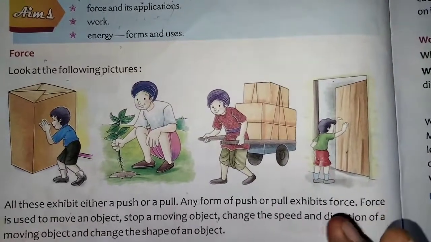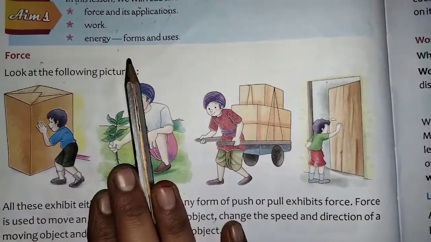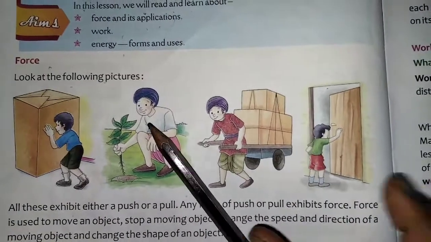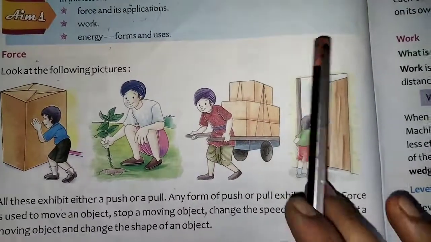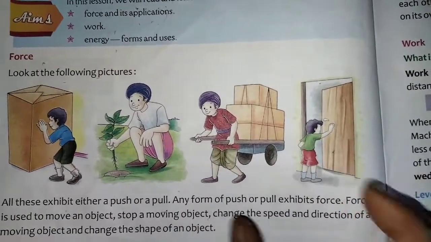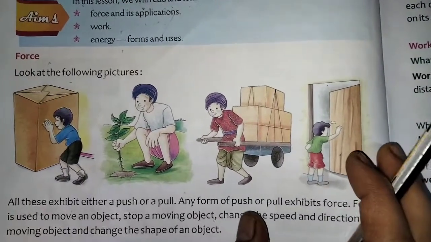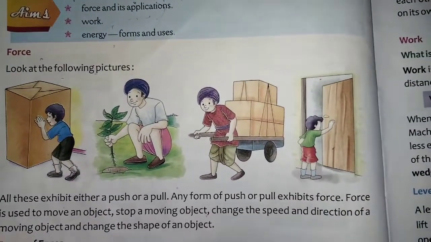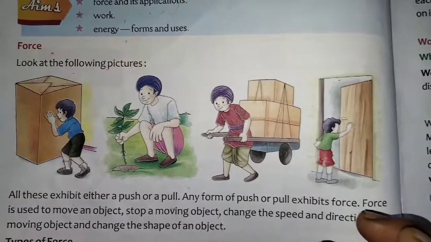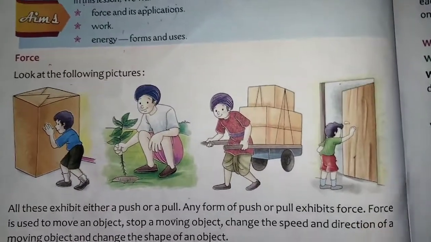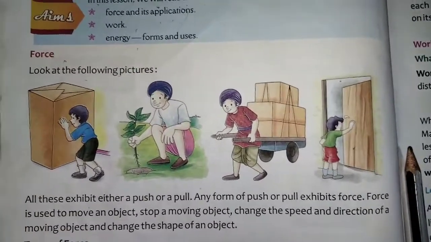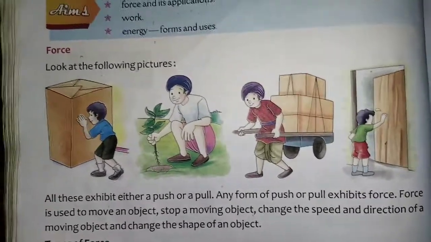To move the object from one place to another place, you need force. To stop the object, you require force. You have to catch hold of it, then it will stop. Next one, change the speed and direction. If you want to change the speed and direction, force is required.